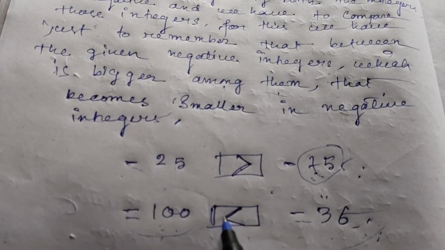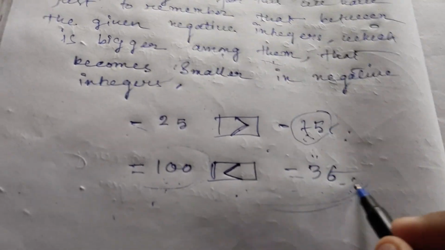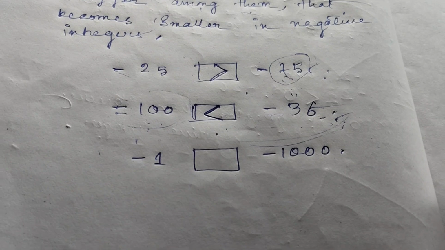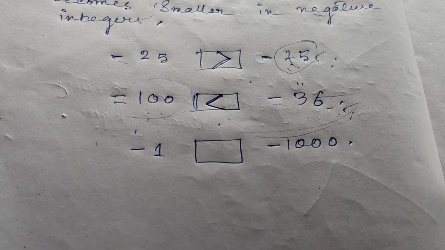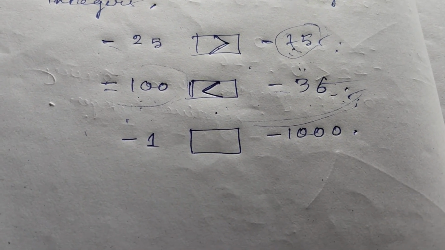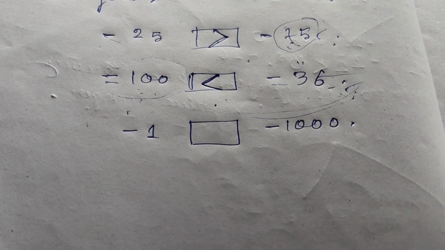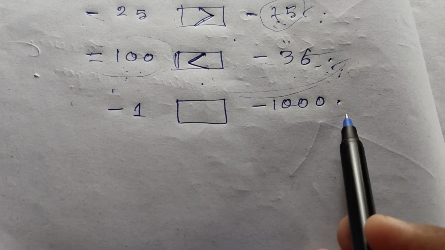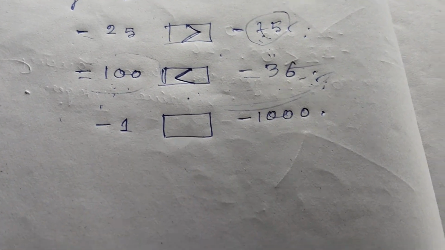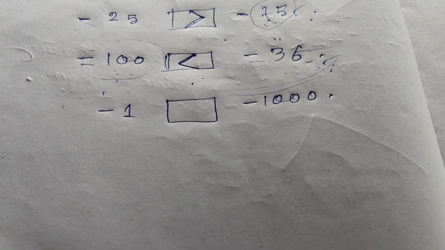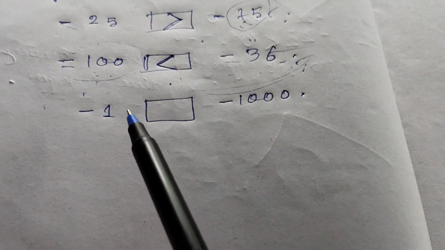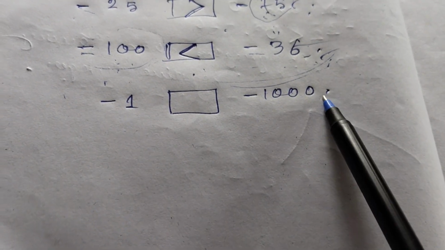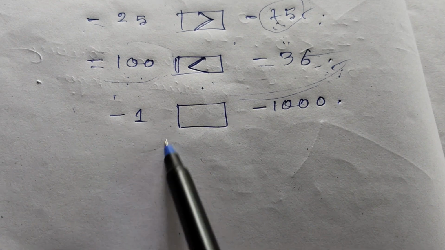For comparing the negative integers, you have to check first whether both the integers are negative or positive. Here you can see both the integers are negative. So then you just follow the basics. Which is bigger, 1 or 1000?